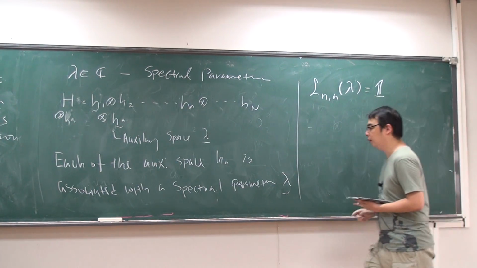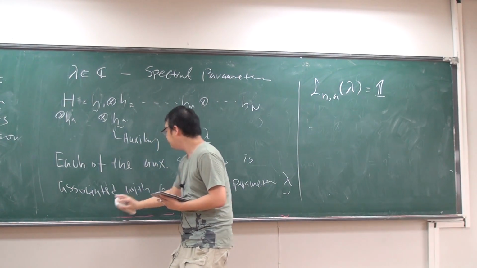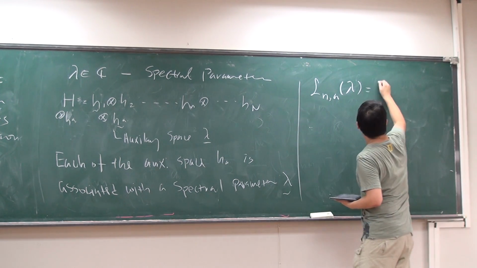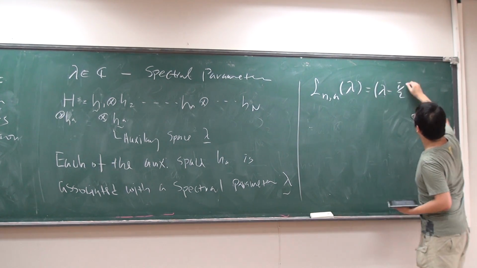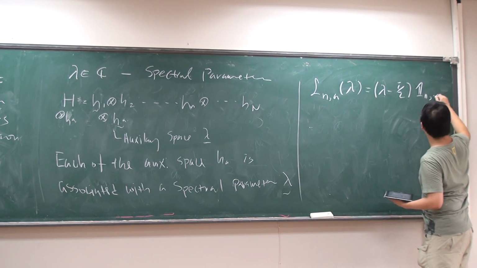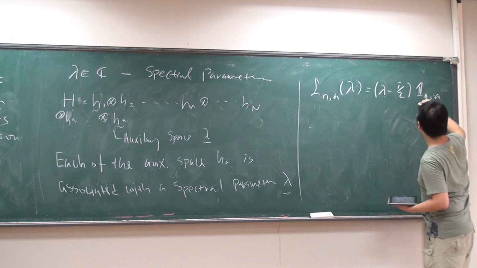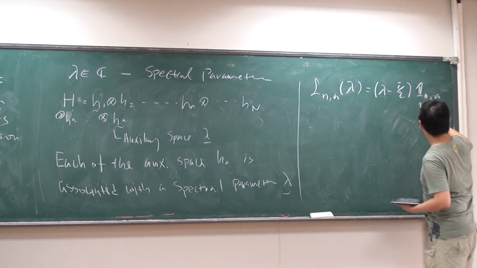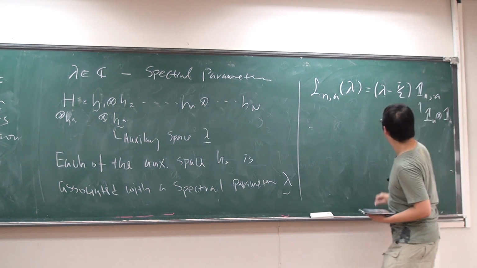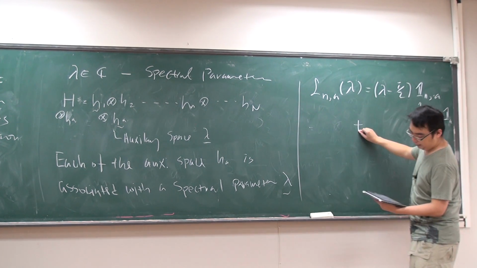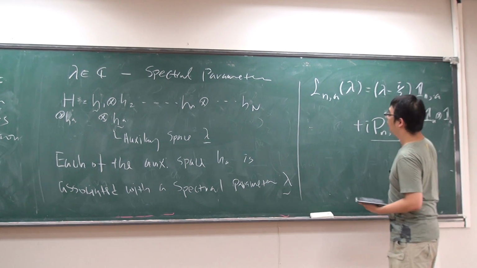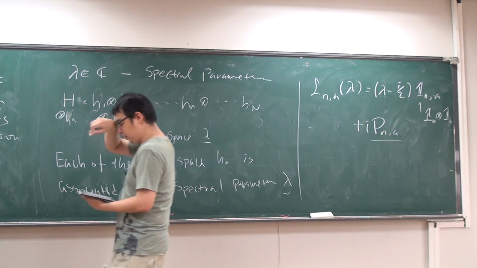So do a simple change of variables. This notation would really mean 1n tensor product 1a, plus the permutation operator.